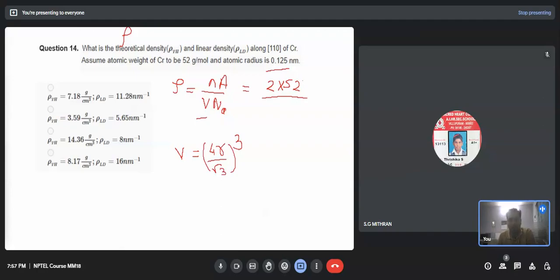So from this we can convert the r value here, so the V will convert to this one.